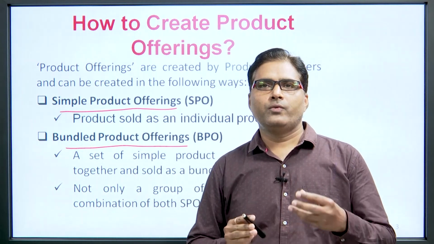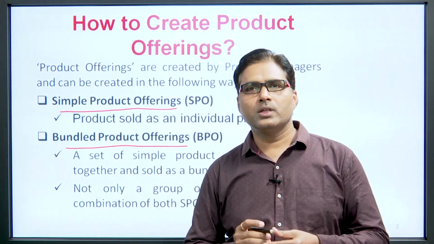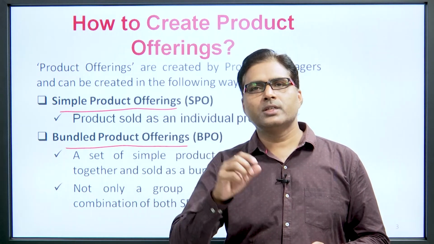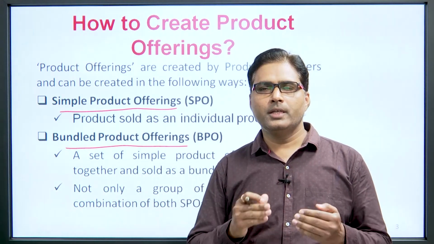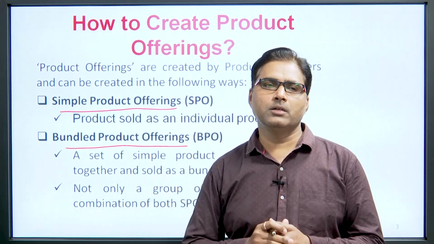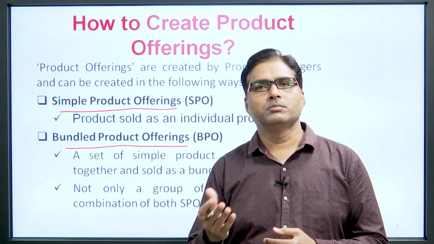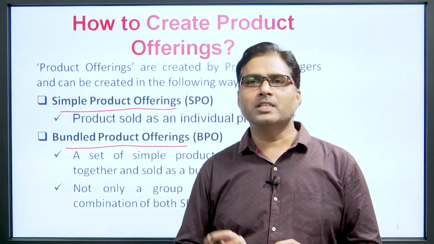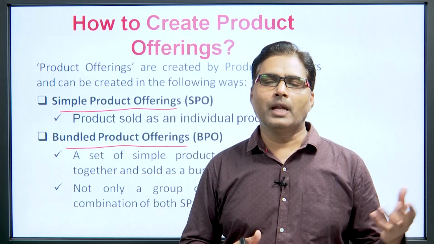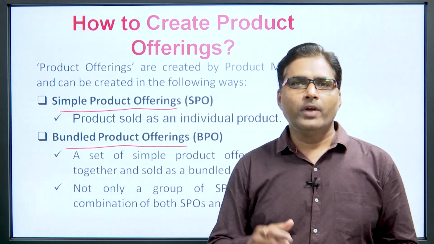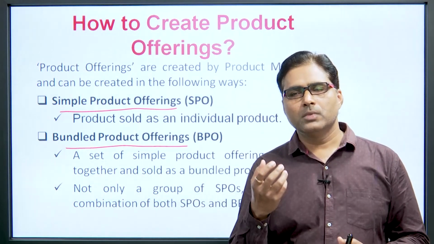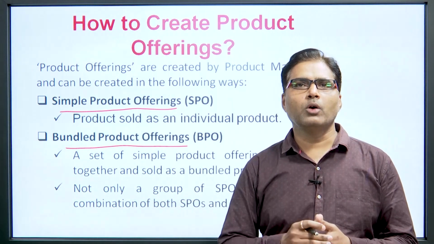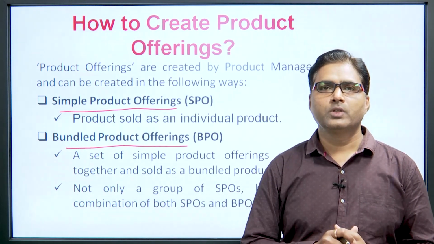Like if Airtel is offering its mobile handsets, as well as a tie up with some other company, they are providing their SIM as well as the phone, like a Realme phone or MI phone. When these kinds of grouped products are offered to the consumers, it is called the bundled product offering, which is called BPO in short.